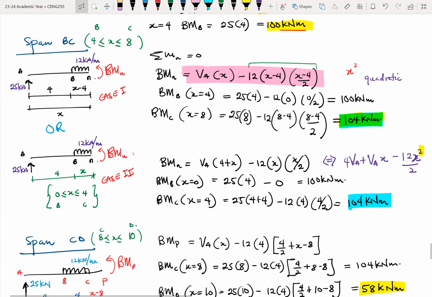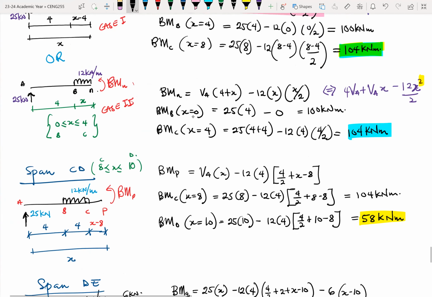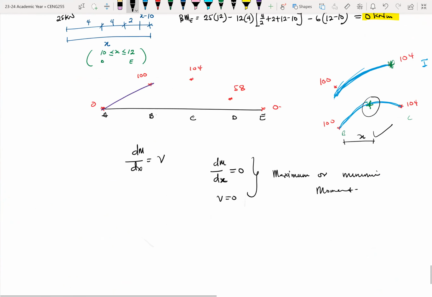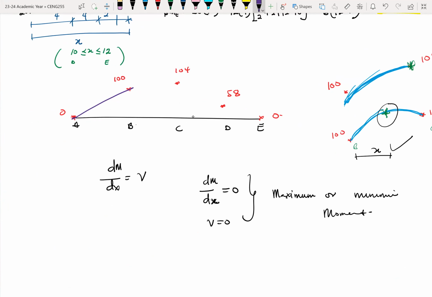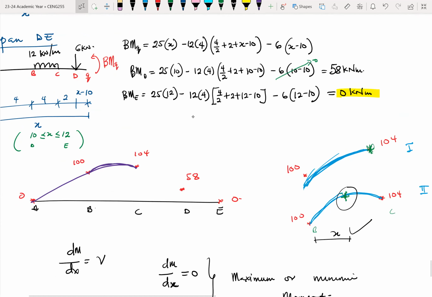So somewhere between B and C, if you can find that distance where the shear force is 0, if you plug that value of x into the moment equation, you would end up with the value for the maximum moment. Okay. So in this case, I can go ahead and draw my plot to look like this. So somewhere here, there's a maximum moment, which we don't know yet, or we can easily find.